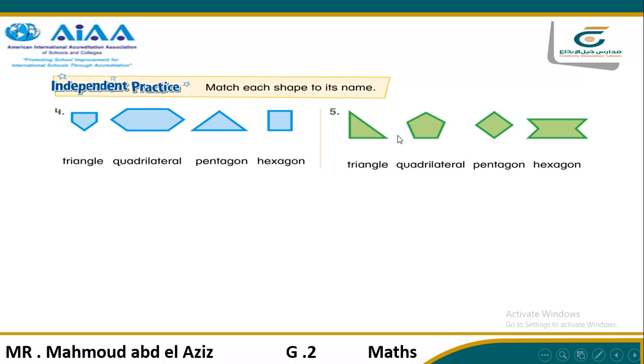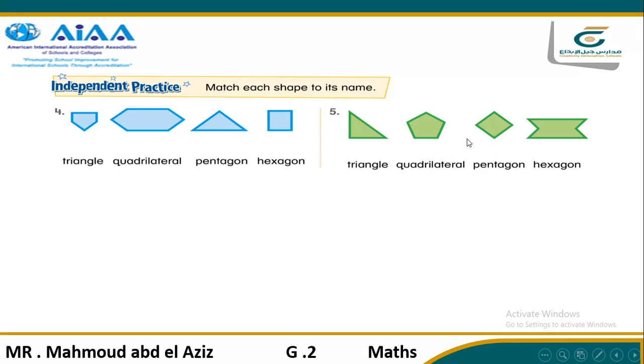Another question here. We have 3 sides. So it's a triangle. Here, how many sides do you have? 1, 2, 3, 4, and 5. 5 sides. So it's a pentagon. Excellent. Here you can see 4 sides. So it's what?